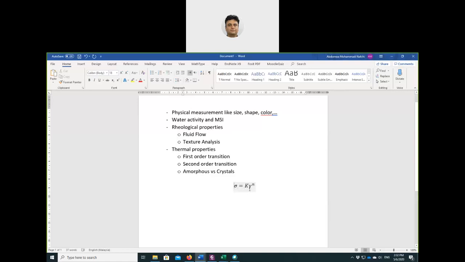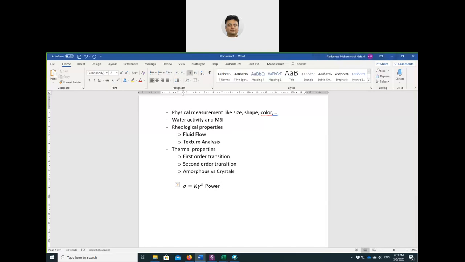Now you know this model. I want to ask you, for Newtonian, you remember, K is mu and n is 1. This is for power law.